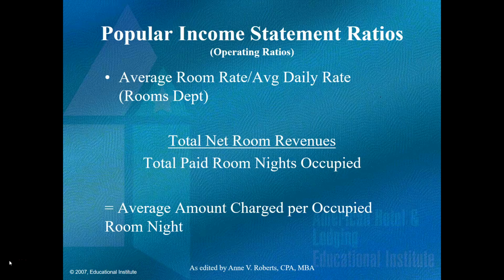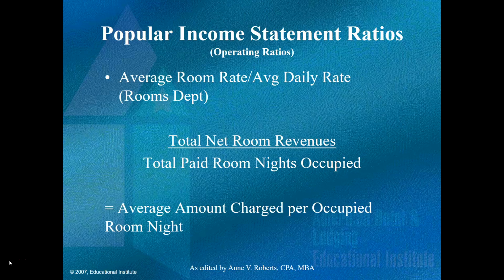So when you've got paid room nights occupied, picture that we have, let's even picture it like a bed and breakfast. We've got 5 rooms. We've got 1 month that's got 30 days in it. If we take one room by itself, if that room was rented out, let's say 20 days during the month, then 20 days are going to be the room nights occupied for that one room.